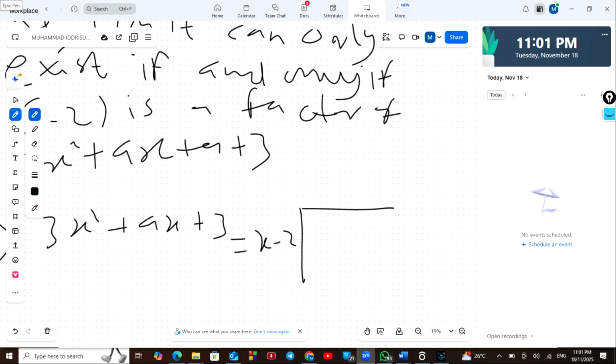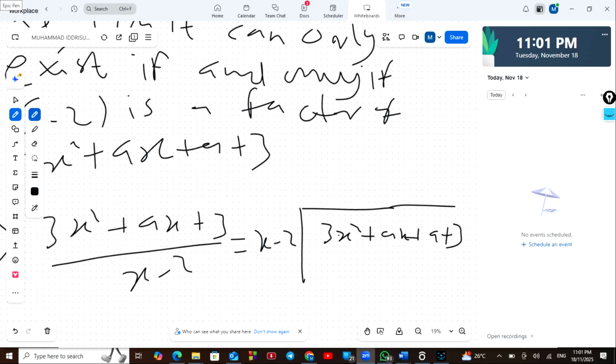So I have my divisor and my dividend, 3x squared plus ax plus a plus 3. I missed out the a here, so let me bring it back.